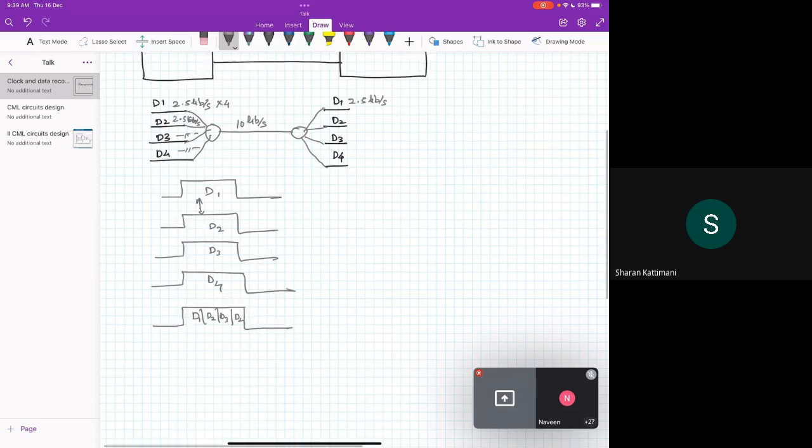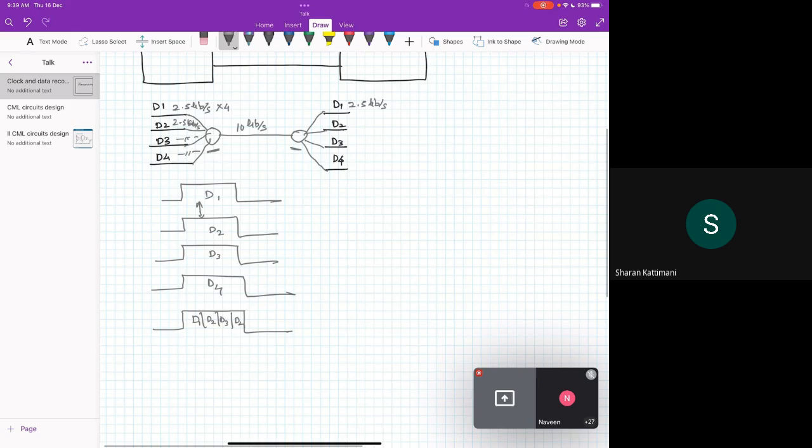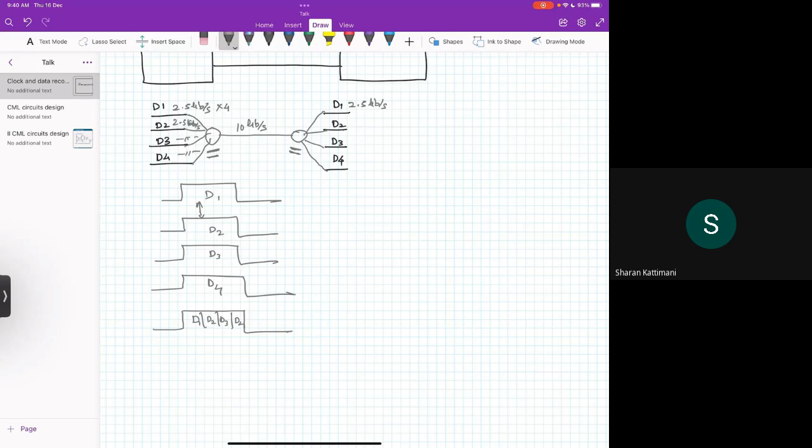Okay, so the challenge would be that this interface block on the transmitter side and on the receiver side should both be operating at high speed. Okay, and this data alignment should be proper, because here we are aligning the data. Otherwise you will receive false data at the receiver side. Okay, so we know that in general whenever we combine, we use a mux in the digital domain.